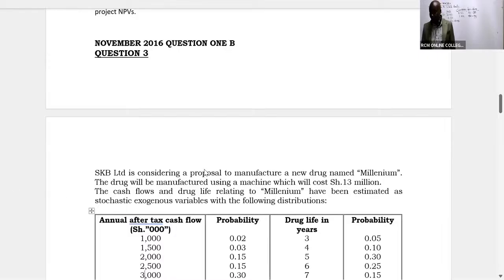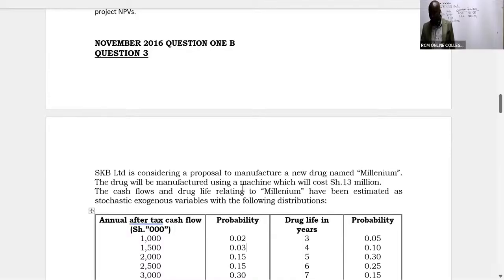SKB is considering a proposal to manufacture a new drug named Millennium. The drug will be manufactured using a machine which will cost 13 million. The cash flows and drug life relating to Millennium have been estimated as stochastic exogenous variables with the following distributions.